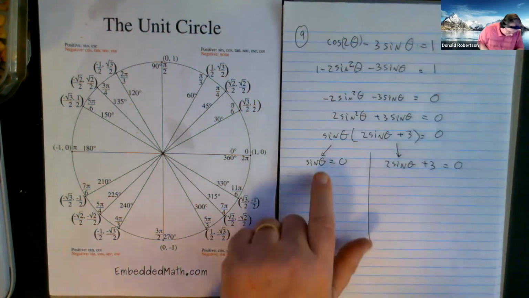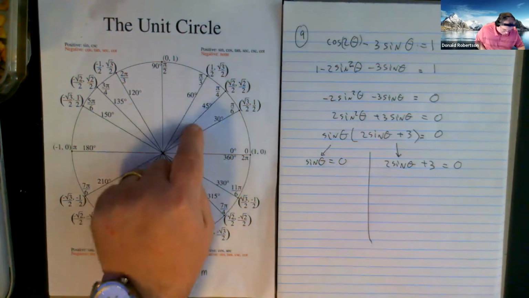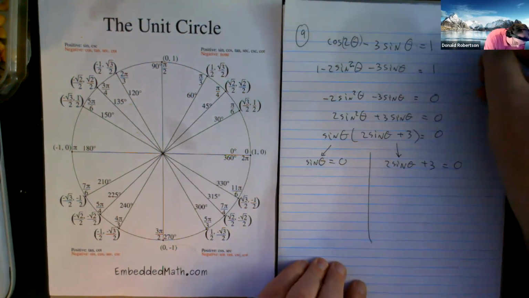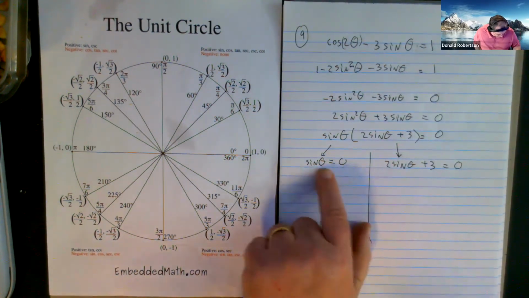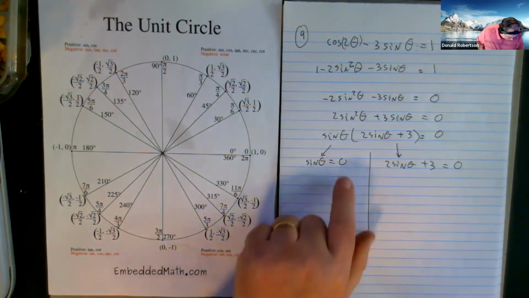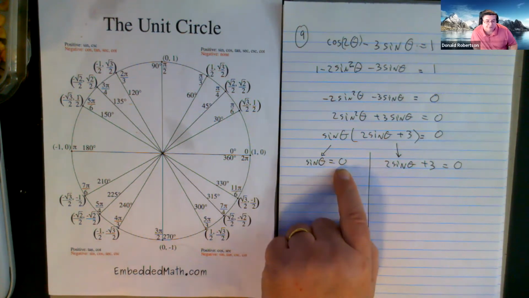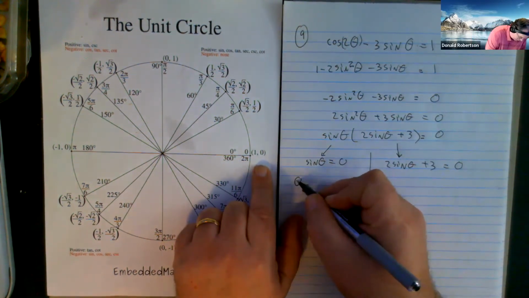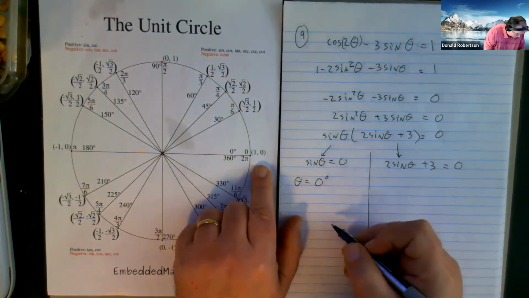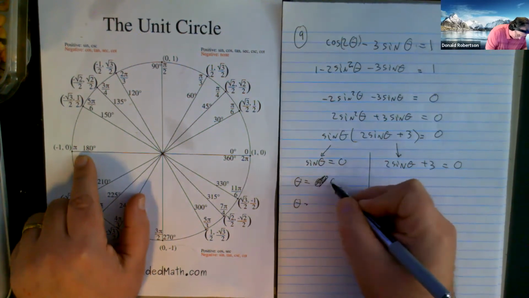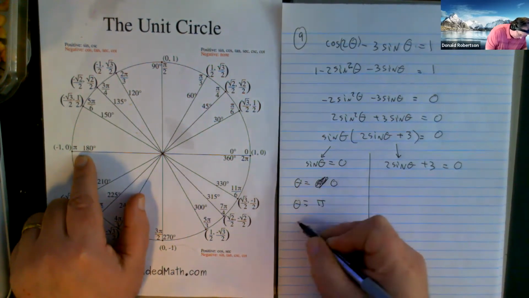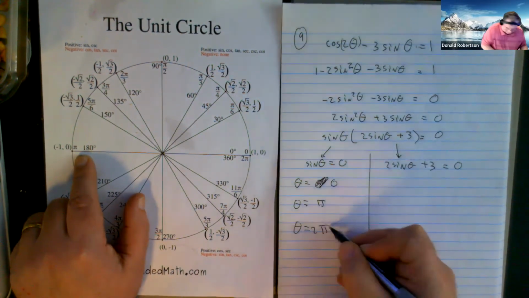Now, this guy is good to go. Let's assume that we're interested in the answer from 0 to 2 pi again, right? So this guy is good to go. I'm looking for a y coordinate of 0. So I get 0 radians, pi radians, and 2 pi.